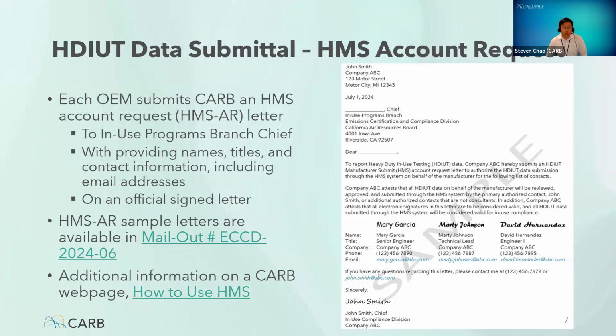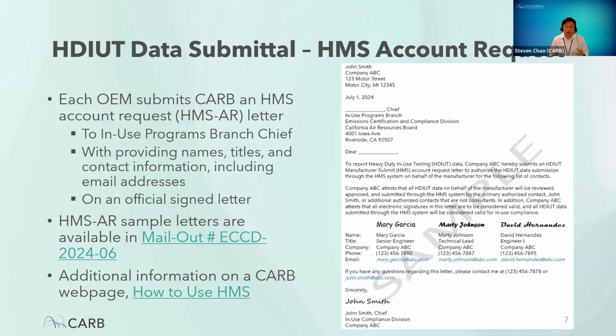Now to go over how to acquire an account in detail. On the right side, we see a sample account request letter. You would send this to CARB, addressing it to Tom Montes, our branch chief, Attention HMS accounts.